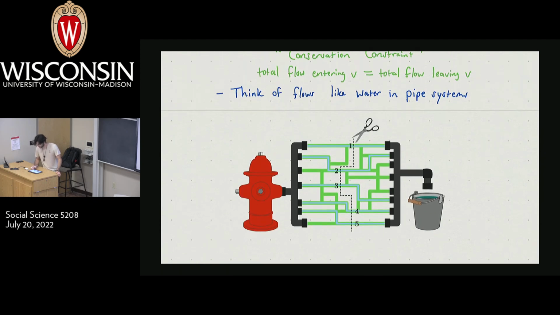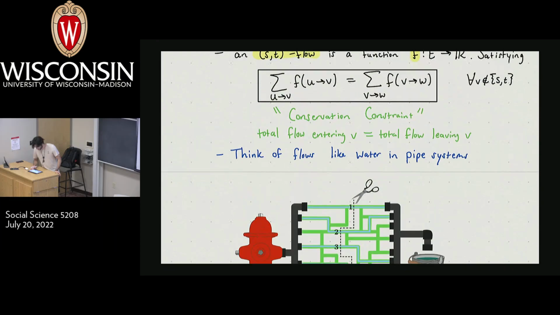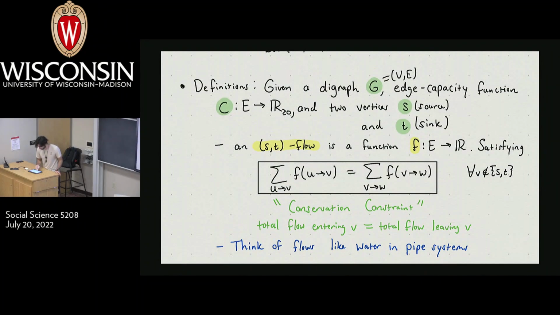So any questions on flow networks? What a flow is? It's called the flow because you should think of it as literally water flowing through pipes. Okay? So the key constraint here is this conservation constraint.